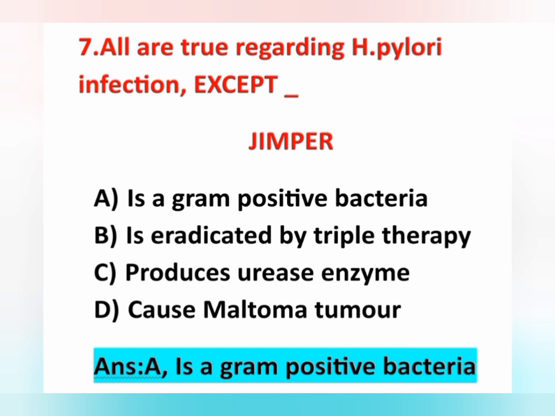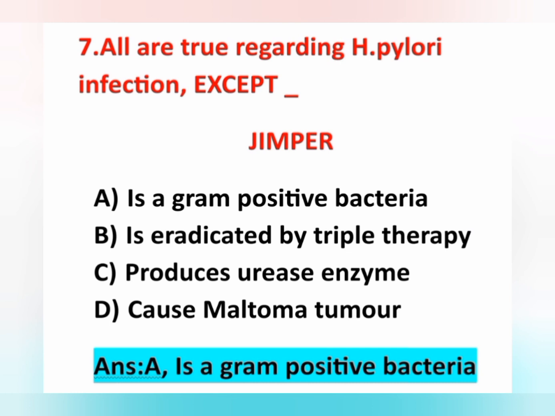H. pylori infection causes gastritis, duodenitis and peptic ulcer, and is also a risk factor for gastric malignancies, which is also known as MALT tumor.